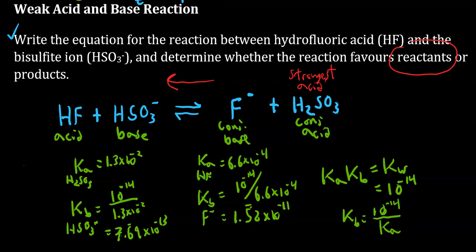So we have the Kb for bisulfite, and this is the Kb for F minus.